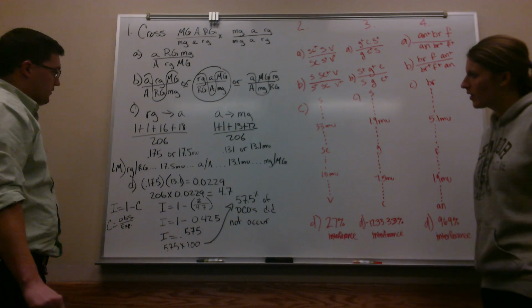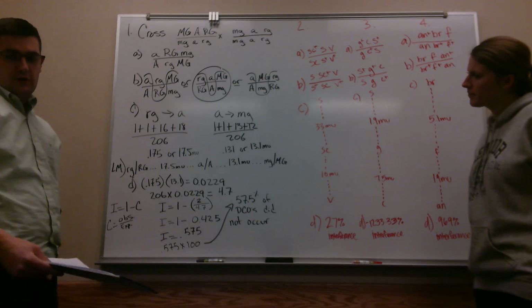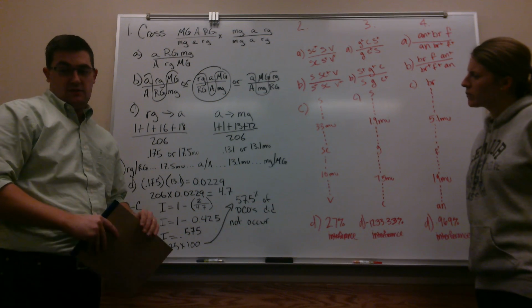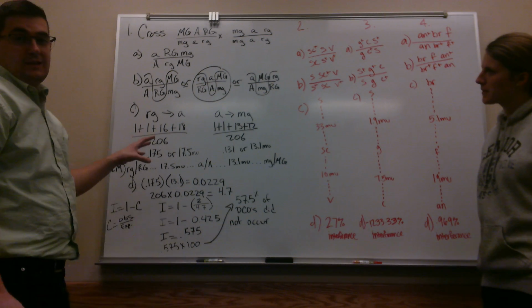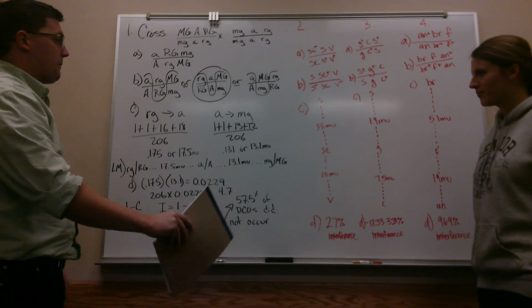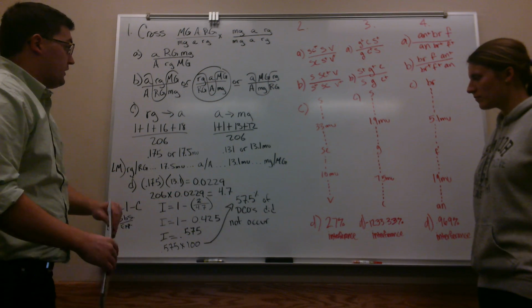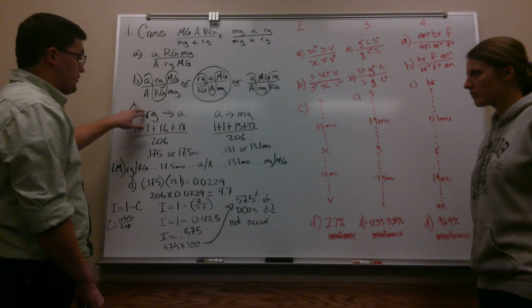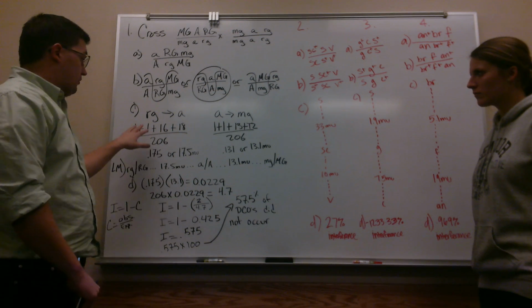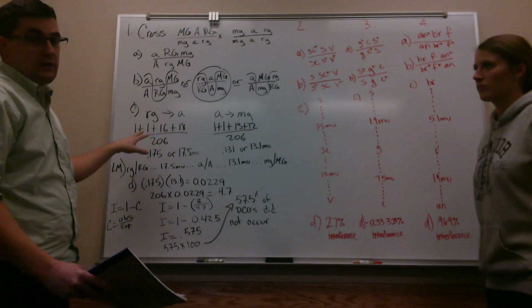Okay. For C, we're constructing a linkage map showing the map distances between the 3 genes. There are a few steps you need to take before you can draw out the map. You need to determine the single crossovers from RG to A and the double crossovers, which are going to be your 2 least numerous.